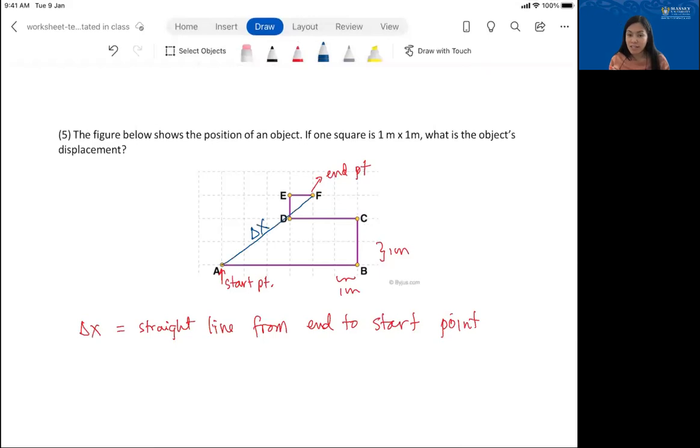Okay, so it's diagonal. It's hard to measure that, but you can form a right-angled triangle using that diagonal line.